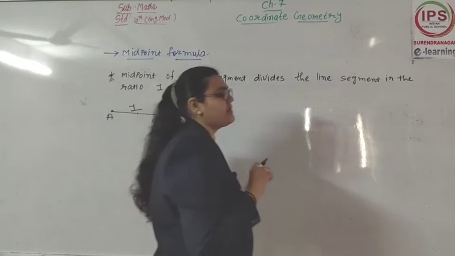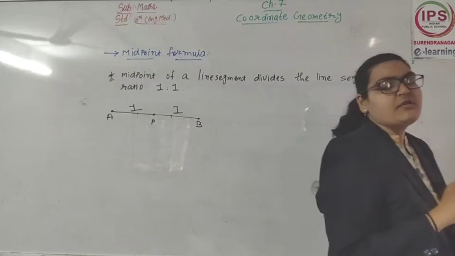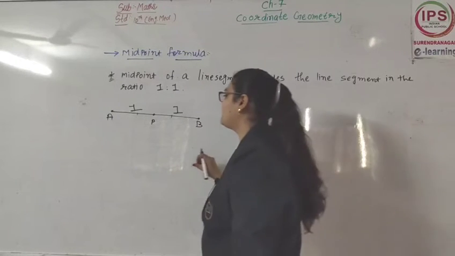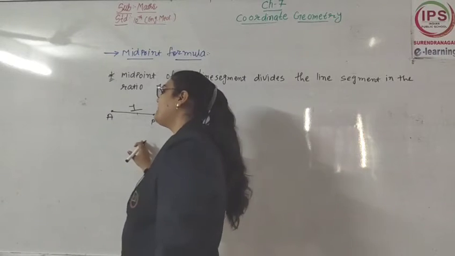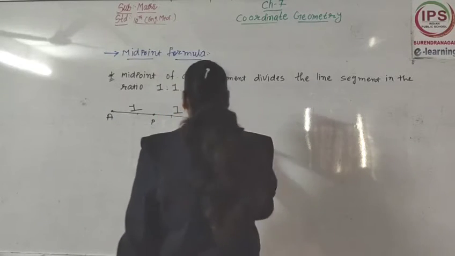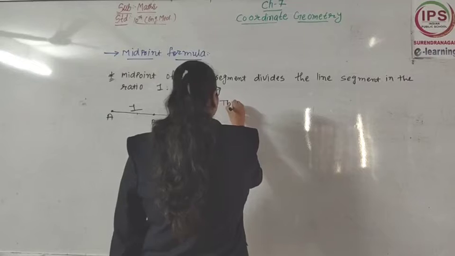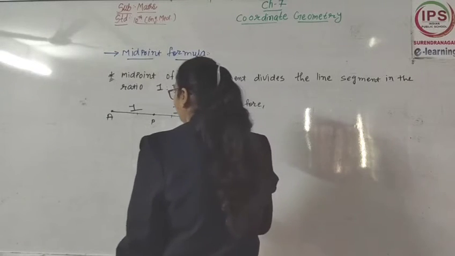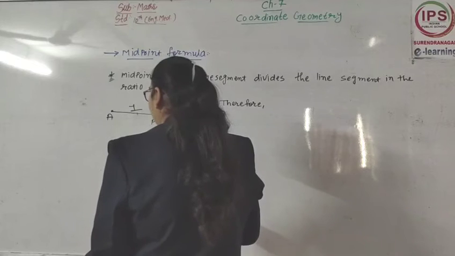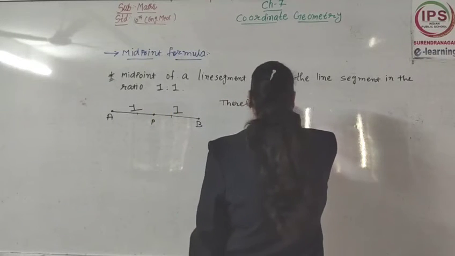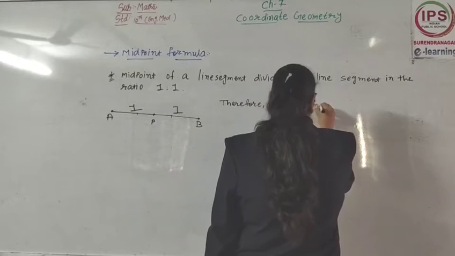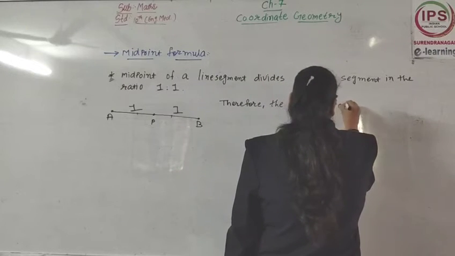It means whenever one line segment is given and the midpoint of that line segment is given, this line segment is divided into two equal parts. Okay, so what can we write?